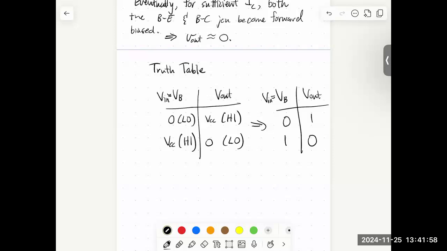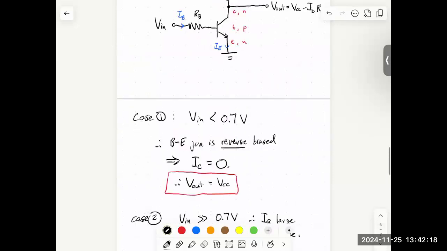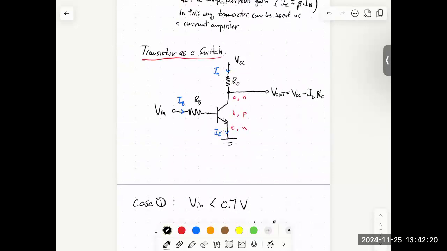When my input is high, I have 0 output, and I have a lot of current through my transistor. So we're using the transistor to turn current off and on. And at the same time, it's functioning as an inverter. So this circuit that we drew is acting as a current switch, switching IC off and on, and acting as an inverter at this output.